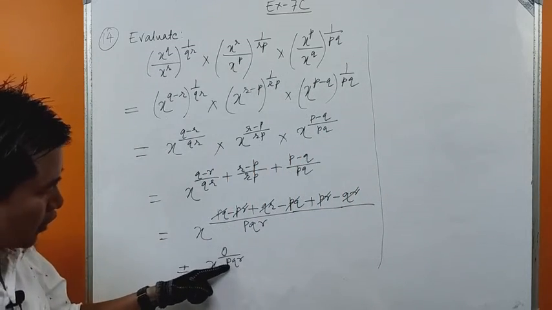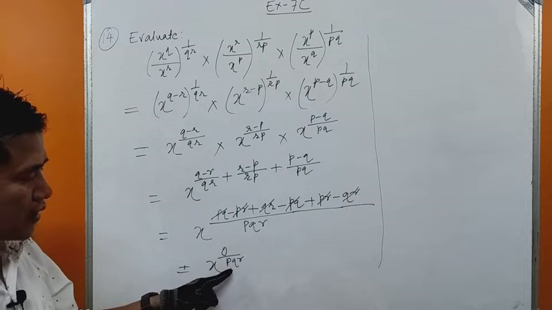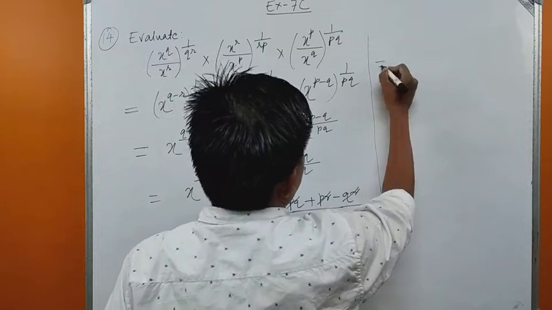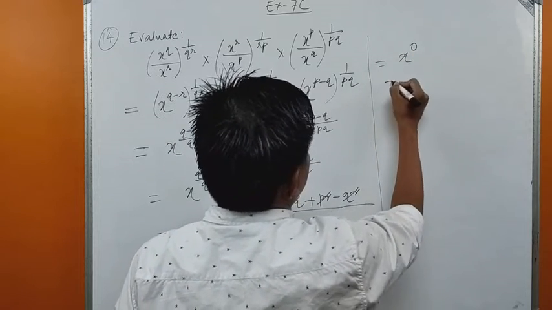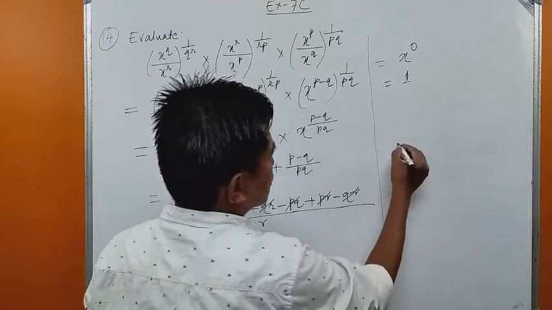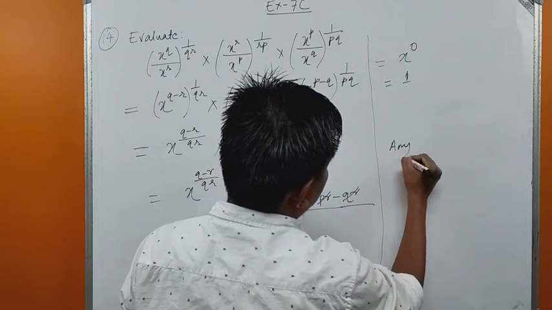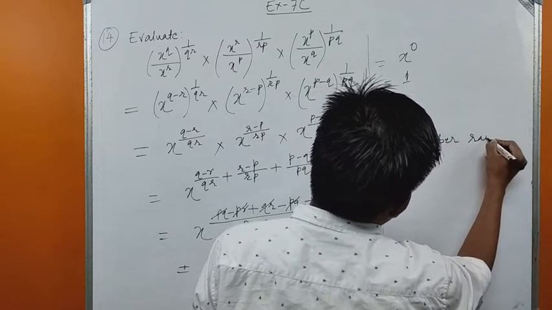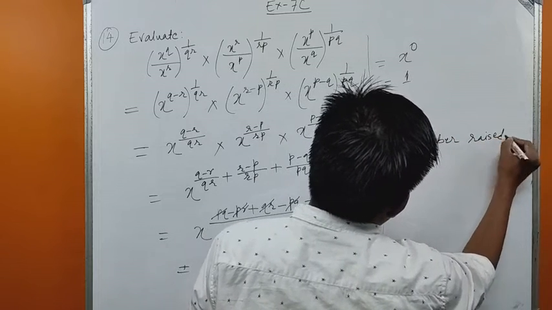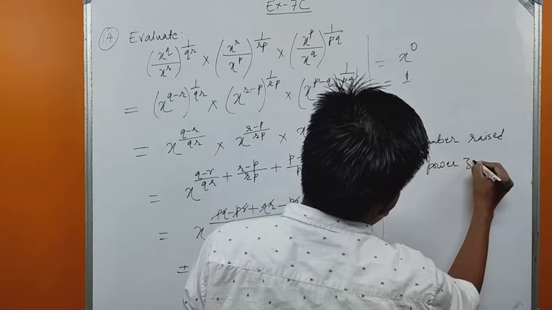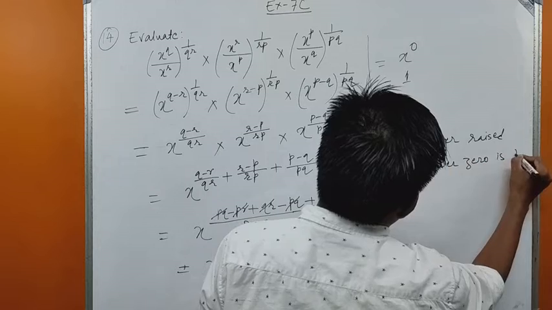So 0 upon pqr, this pqr is a non-zero number, so 0 upon pqr is 0. So this gives us x to the power 0. So x to the power 0 means 1. Any number raised to power 0 is 1, okay.